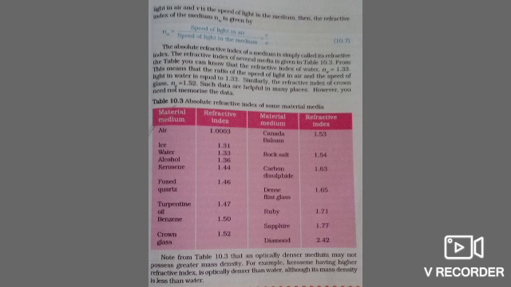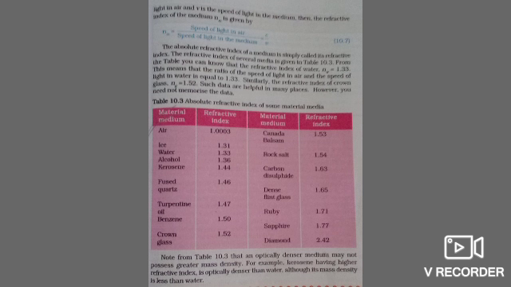They may ask a question for 1 mark, what do you mean by the term nw equals 1.33? Then you have to write, it means that the ratio of speed of light in air and the speed of light in water is equal to 1.33. Like that you have to write.